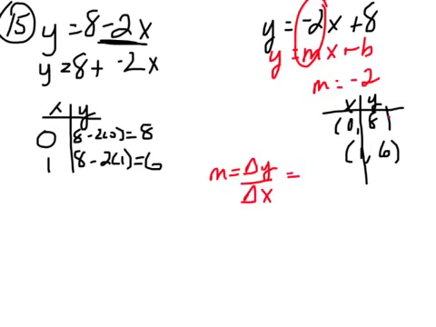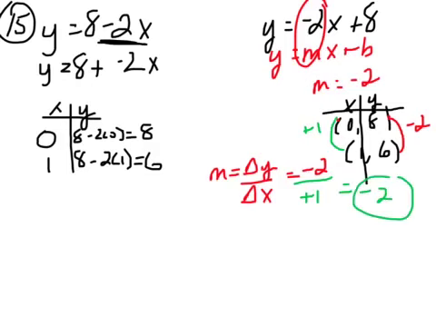Well, how much did my y's change? I went from 8 to 6. Hey, they subtracted 2 there, right? And if I go on the x side over here, I'll do that in green, from 0 to 1 is add 1. Negative 2 over positive 1 is negative 2. There's my slope, and notice it's matching this number in front of the x there.